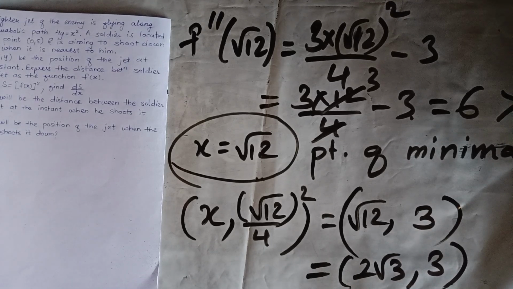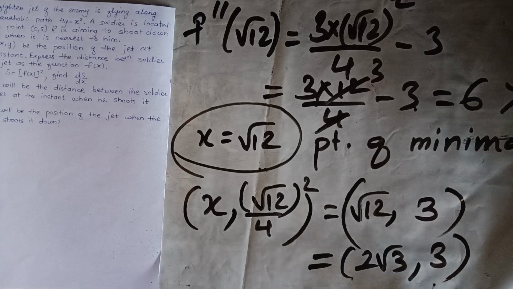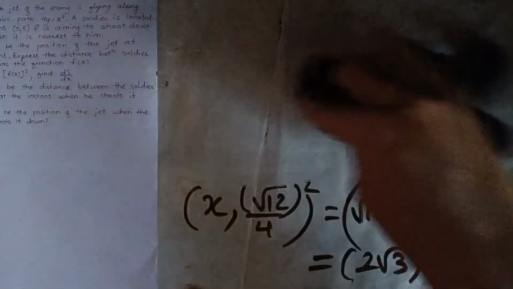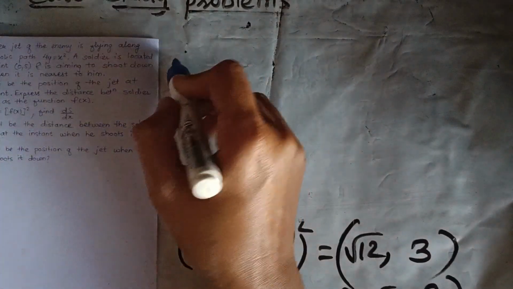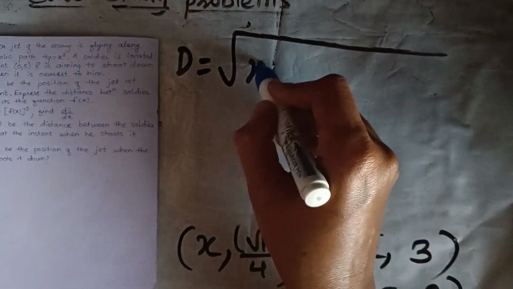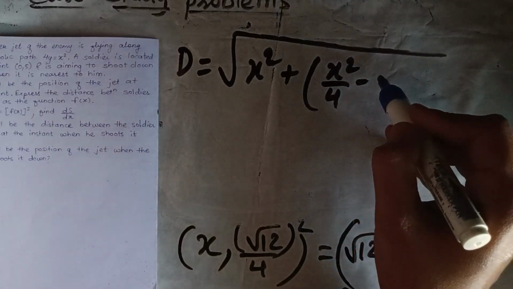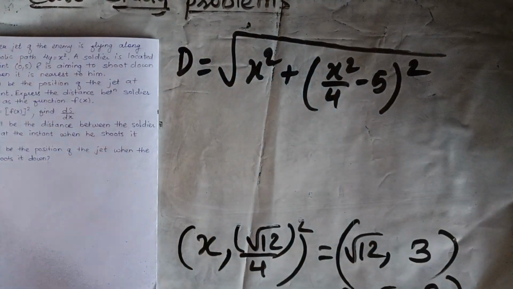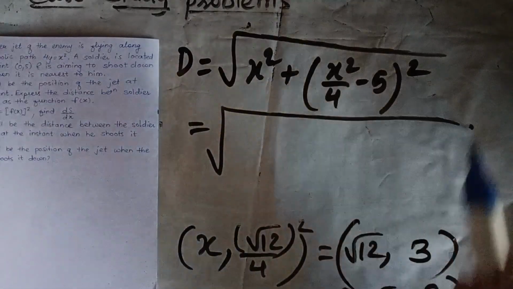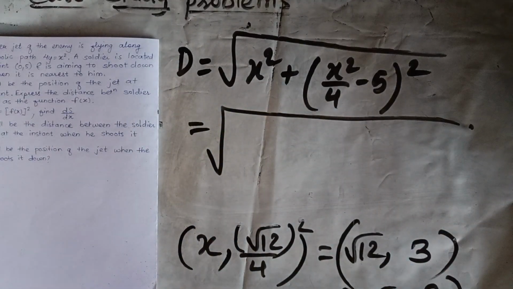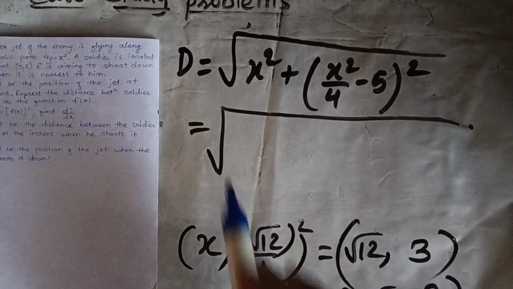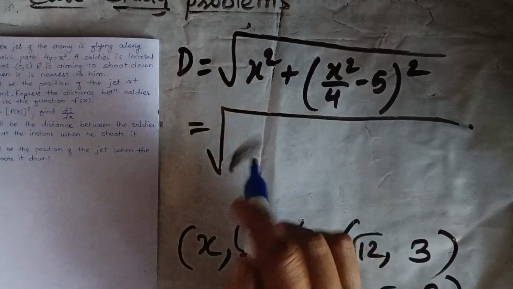Okay, so this is the position of the jet when the soldier shoots it down. This is the nearest point. Okay, so you have to put this point and find the distance, which we have calculated first of all. Because first you write down the distance, it was x square plus, minus 5. Okay, so x is 2 root 3, that is root 12.